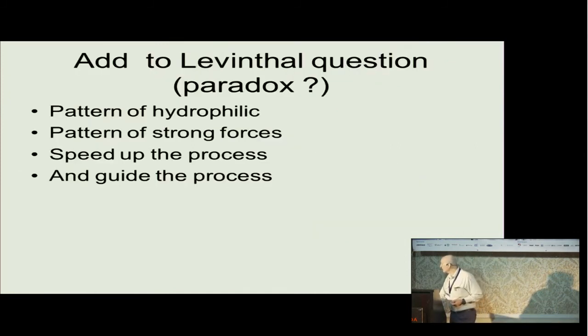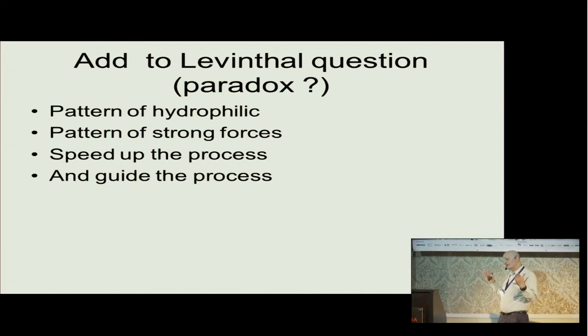I think this is the main answer to the Levitan question, which sometimes is called the Levitan Paradox. I never saw a paradox. Levitan himself never saw a paradox, but it became known as the Levitan Paradox.